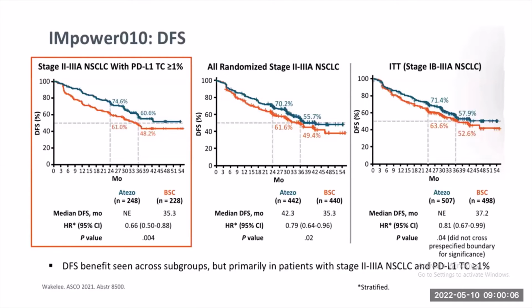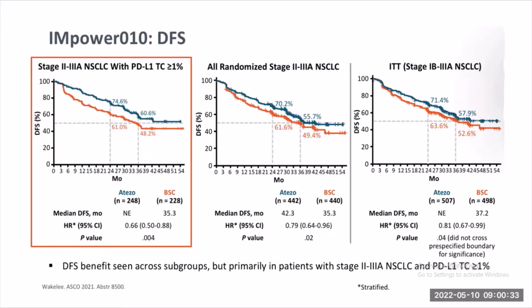The first assessment of this, which was published as an abstract in ASCO, has come out, and it has shown that the median DFS in stage 2 to 3A non-small cell lung cancer with PD-L1 tumor cells more than or equal to 1% has a hazard ratio of 0.66 in favor of atezolizumab.